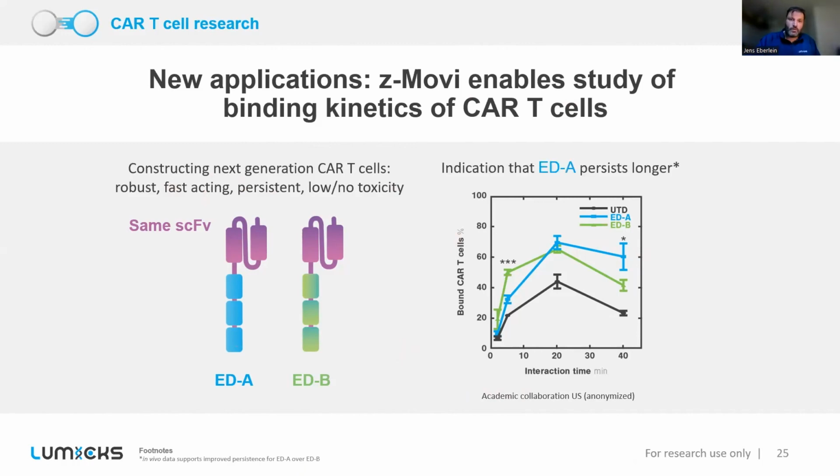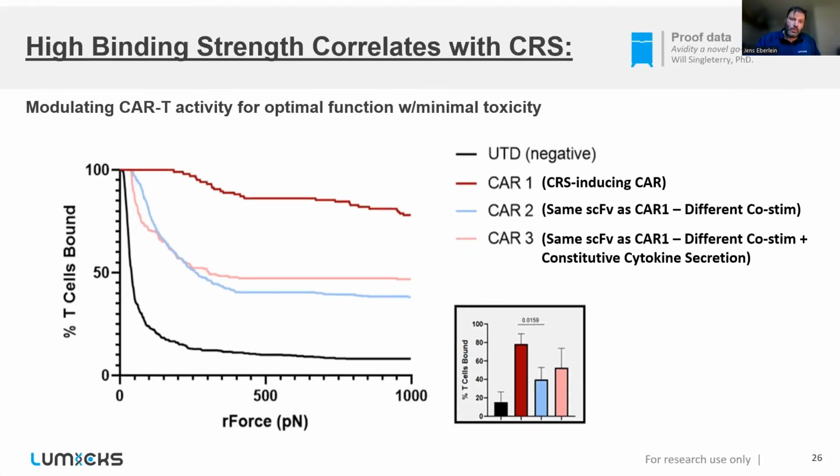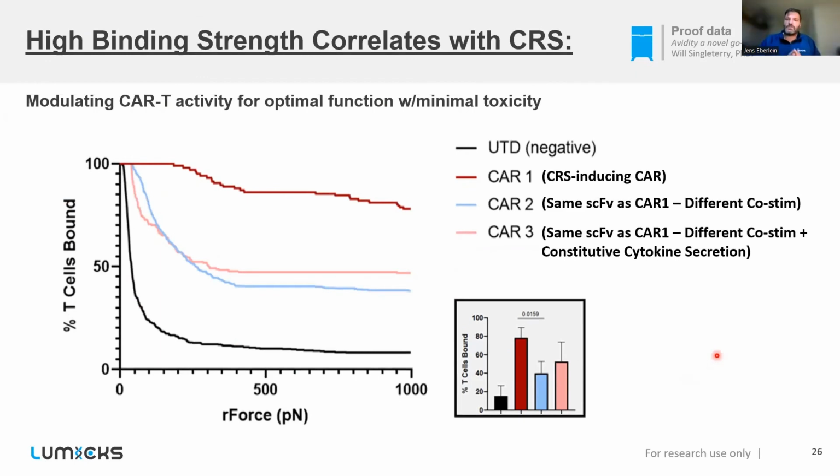And I'm closing with a real-world example here. This was a study, this was a CAR-T construct from a company, which they had to pull from the phase 1 trials because of adverse conditions. 2 patients died. So they went ahead and did engineering of that CAR by changing out the costimulatory domain.